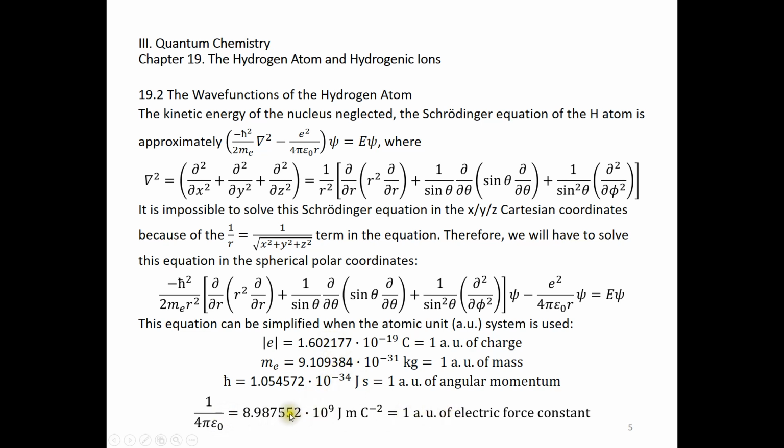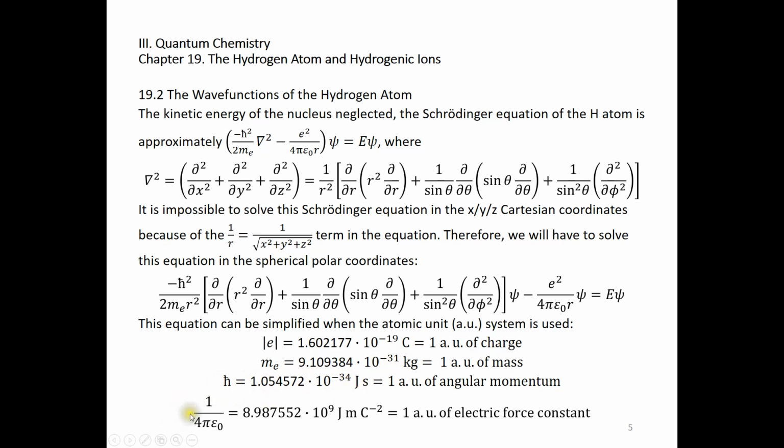Now if you look at SI units, the charge of electron is 1.6 times 10 to the power negative 19 coulomb. The mass of electron is 9.1 times 10 to the power of negative 31 kilogram. H bar is roughly 10 to the power of negative 34 joule second.